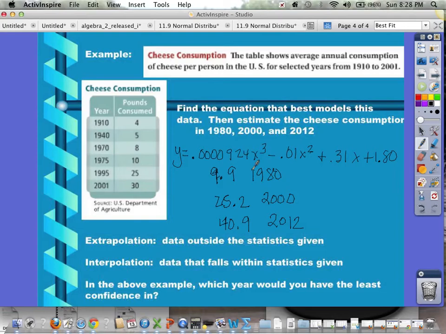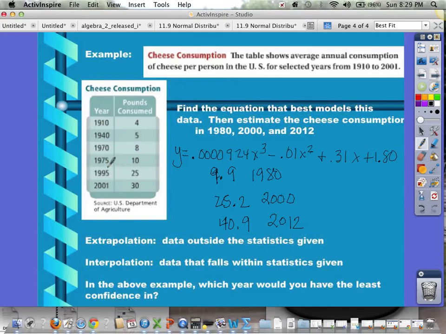Now, the problem with estimating, the best estimates are between the years that you have your data. In other words, between 1910 and 2001, if you have a year between those years, that is going to be a pretty good estimate, okay, because that's within your statistics that's been given and that have been documented. That's called interpolation. That's data that falls within the statistics that you're given.